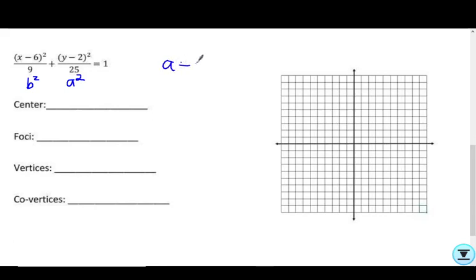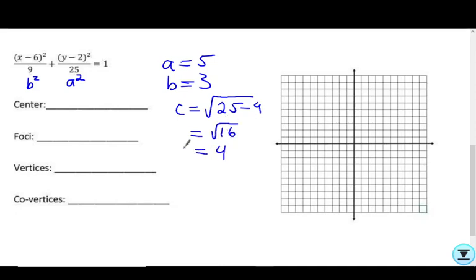So a is 5, b is 3, and again, I'm going to need c, which is the square root of 25 minus 9, which is 16, which is 4. c is 4.